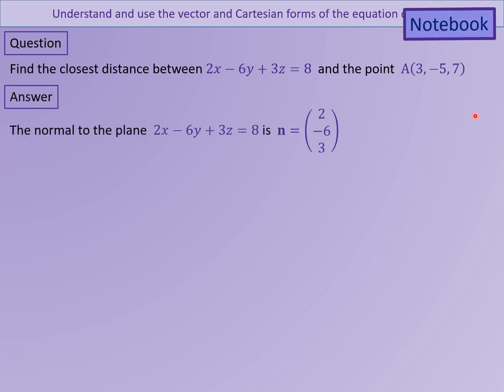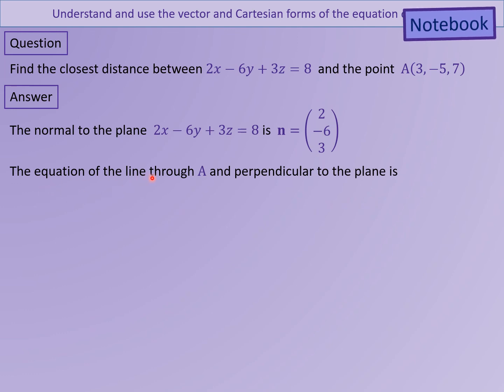So the normal to the plane, 2x minus 6y plus 3z equals 8, is (2, -6, 3). Okay, just the coefficients on the front. Seen that plenty of times now. So that is the normal vector.